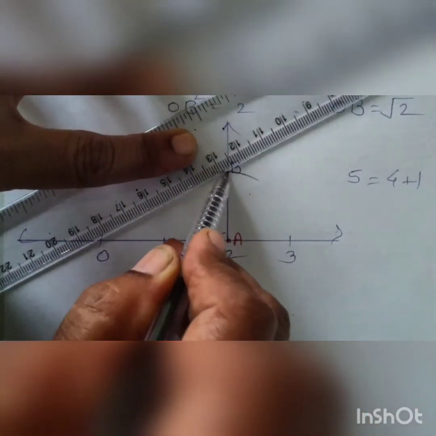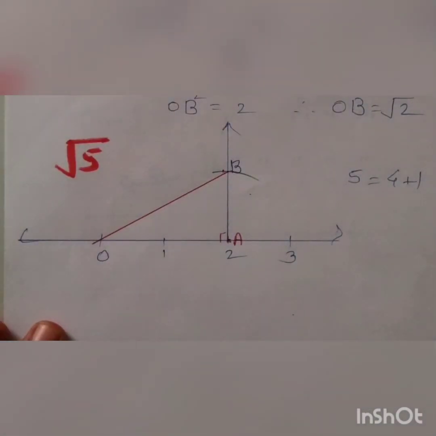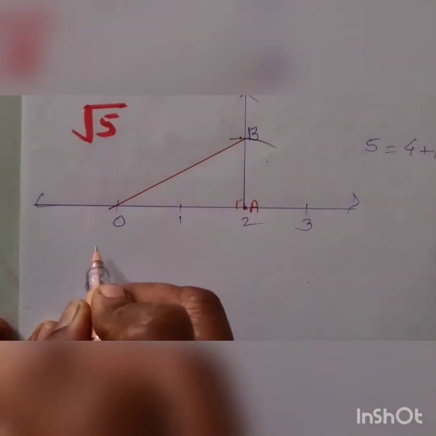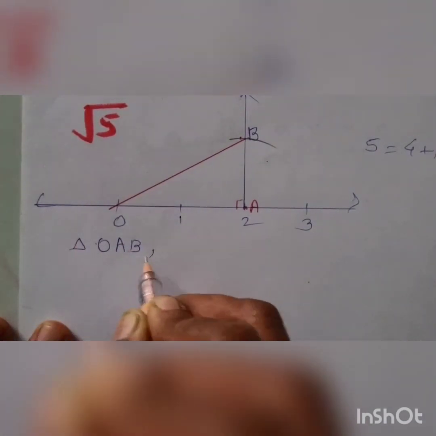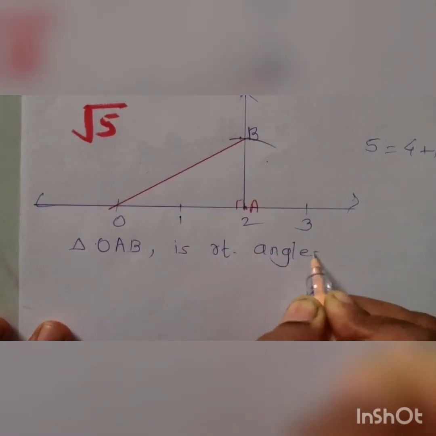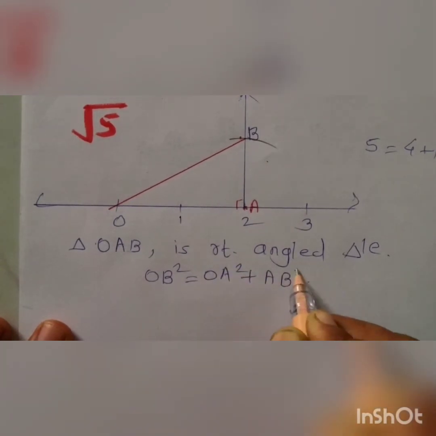As in previous examples, again we can apply Pythagoras theorem to right angle triangle OAB. Applying Pythagoras, we obtain OB square is equal to OA square plus AB square.